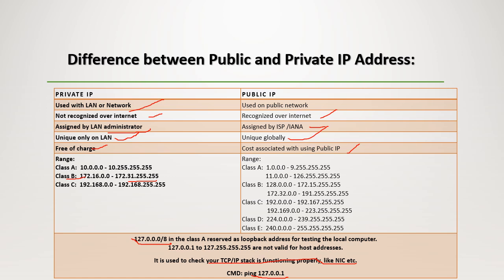Any IP address in the 127 range you can give for ping. If you get replies, it means that the port is working properly. If you are not getting replies, it means that some troubleshooting is needed.